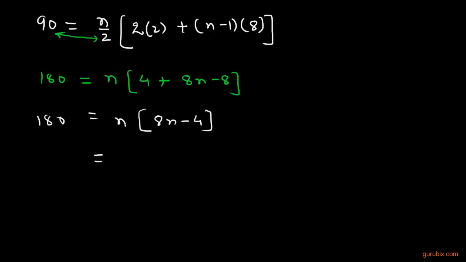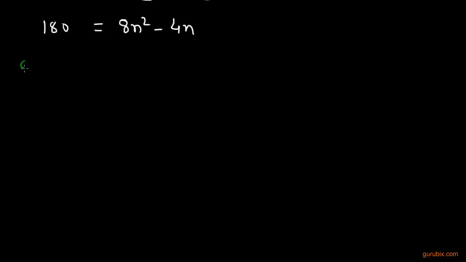Now we multiply n with 8n minus 4 to get 8n square minus 4n, and here is 180. Now we get a quadratic equation, that is 8n square minus 4n minus 180 equals 0.